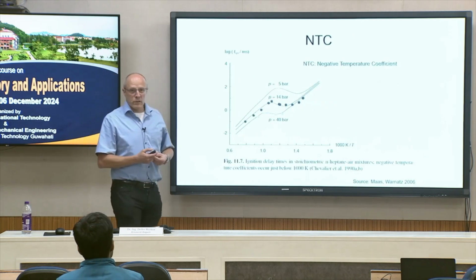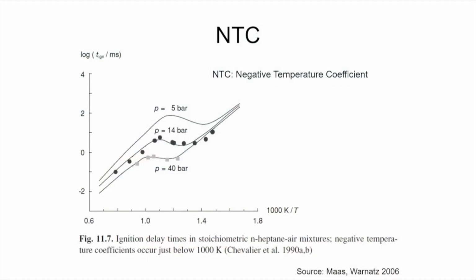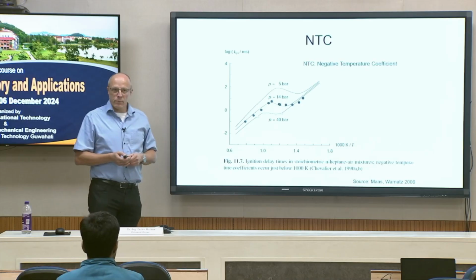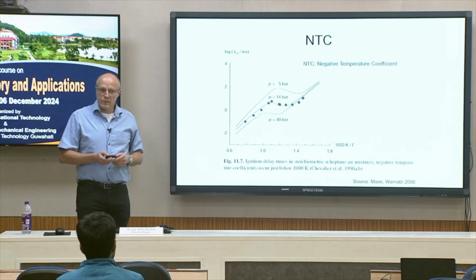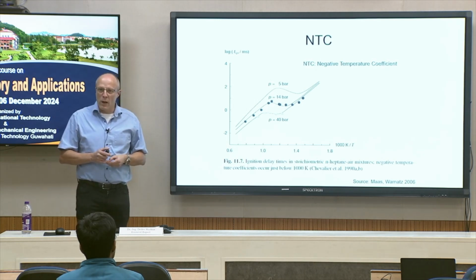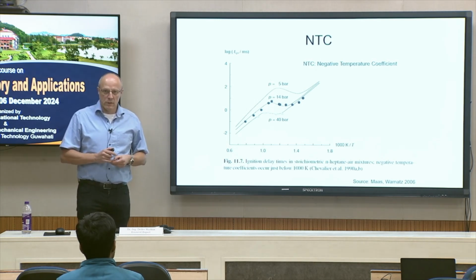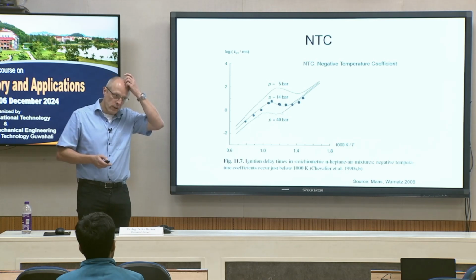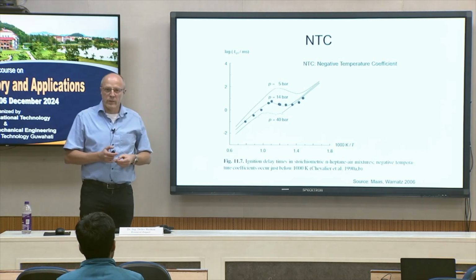But why do we have to consider it? You can see this negative temperature coefficient, which is really astonishing, because we have seen that normally all chemical reactions can be described with an Arrhenius equation.